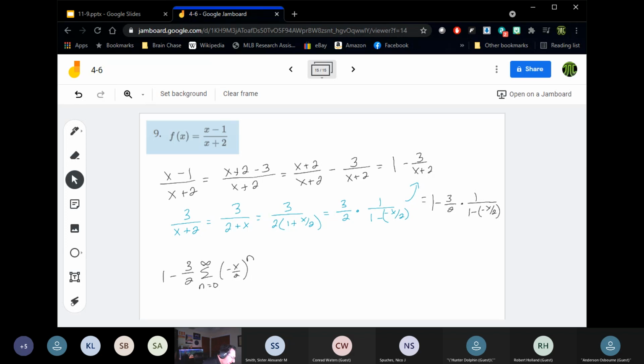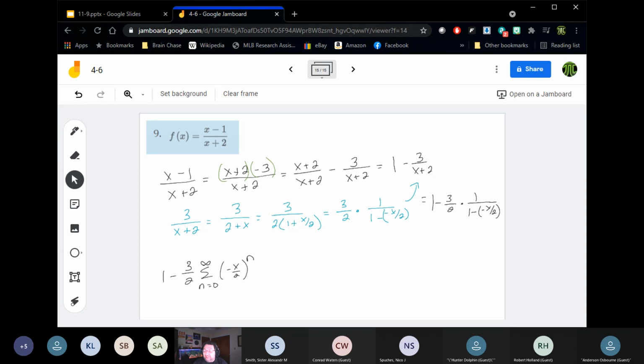So this part over here, I took that and split that up into the two fractions. So I have x plus 2 over x plus 2 minus 3 over x plus 2. So that allowed me to get rid of the x on the top. Or actually, I didn't really need to get rid of the x.